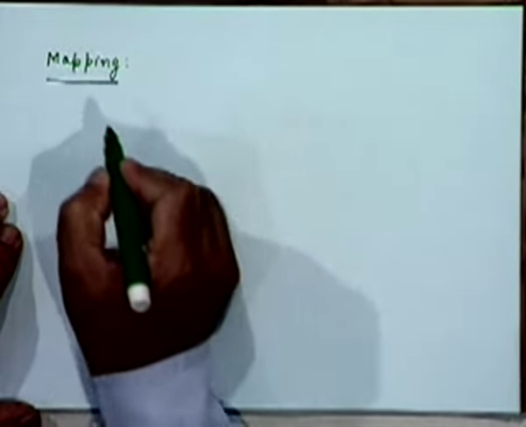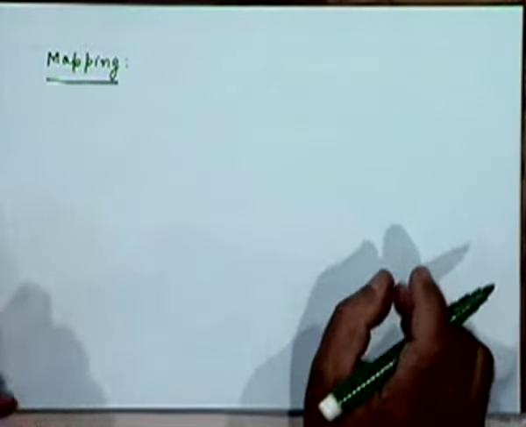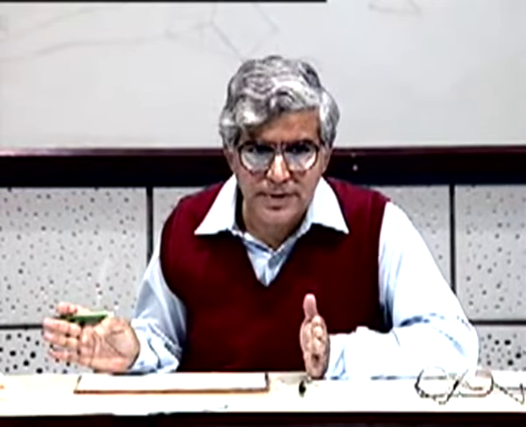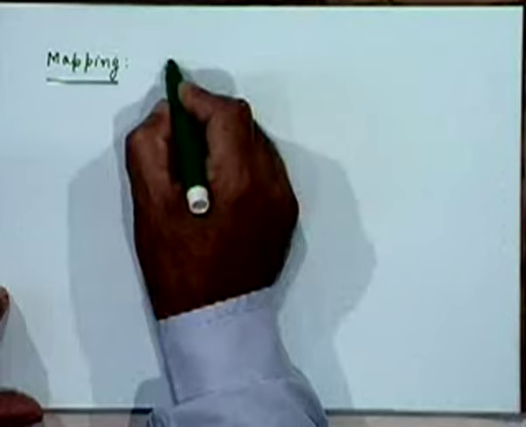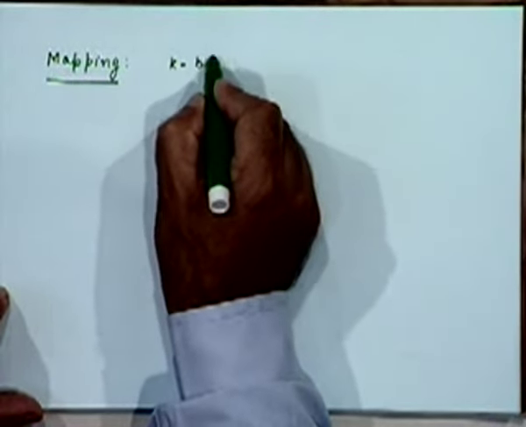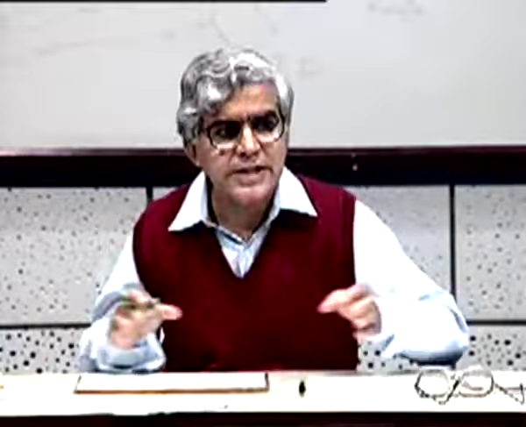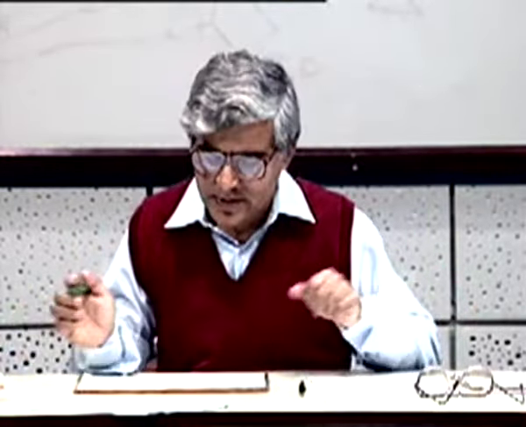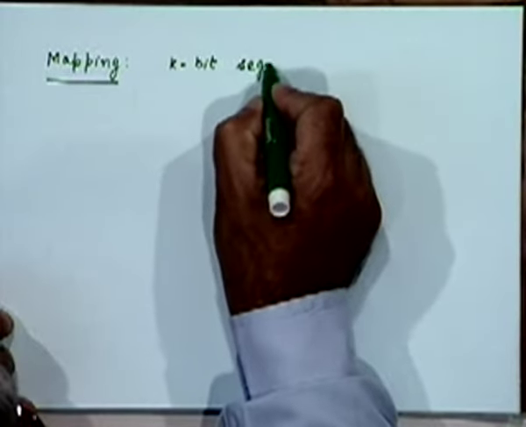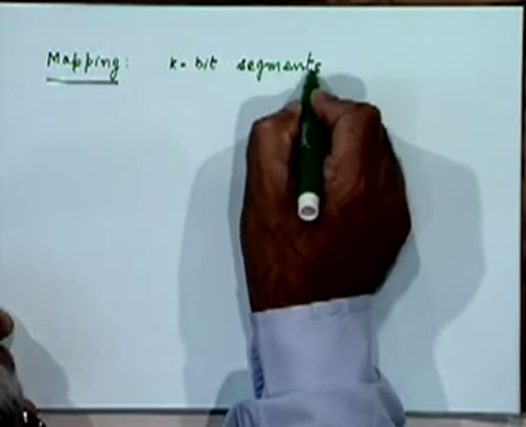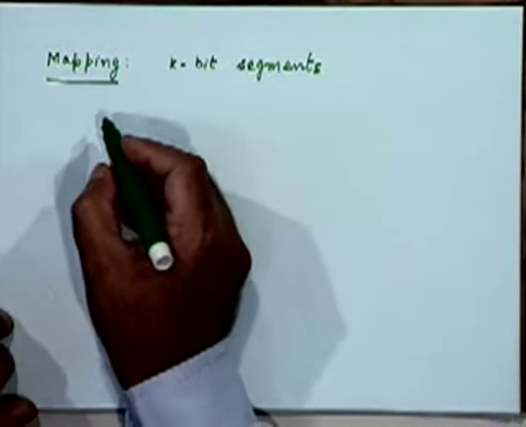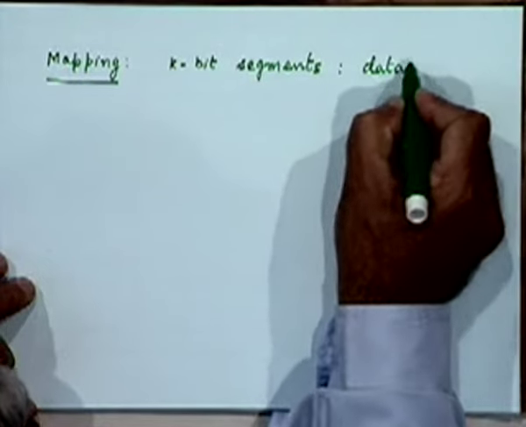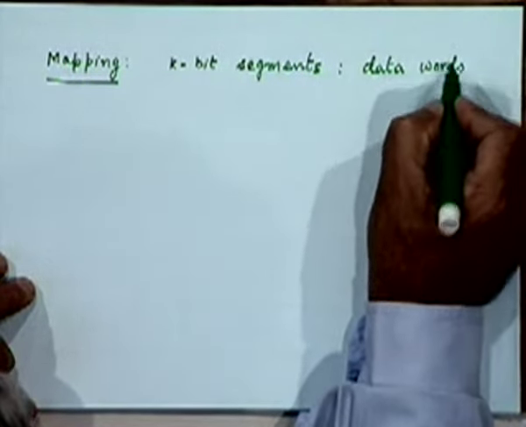The mapping of bits or bit sequences to these points in the constellation we all understand by now, right? Essentially a group of k bits will be taken, so the input data stream will be segmented into k-bit words. First you will divide the incoming bit sequence into k-bit segments, and we will call these data words, right?